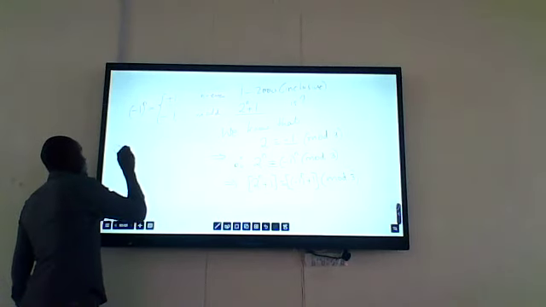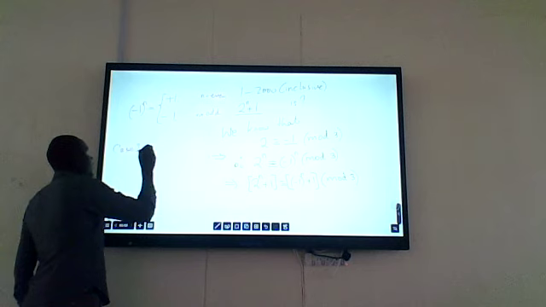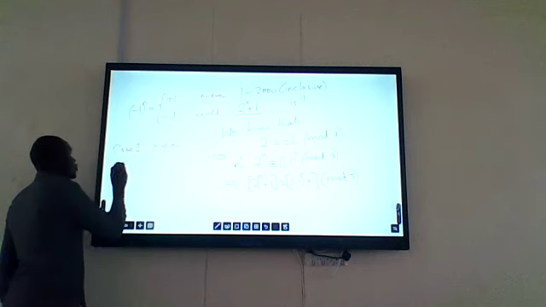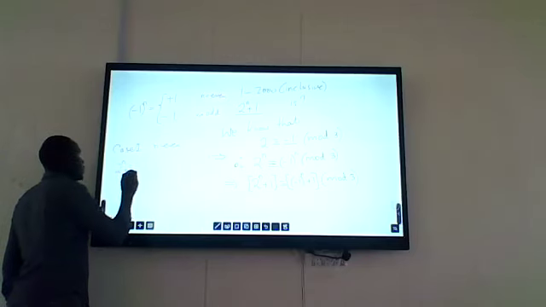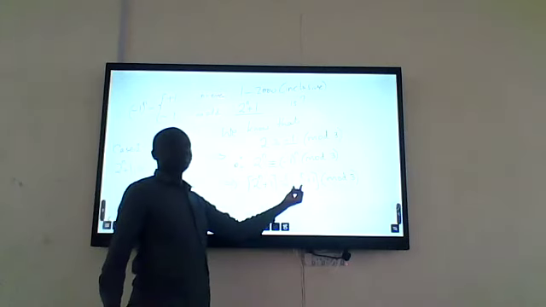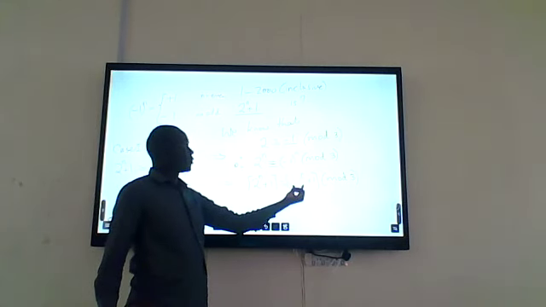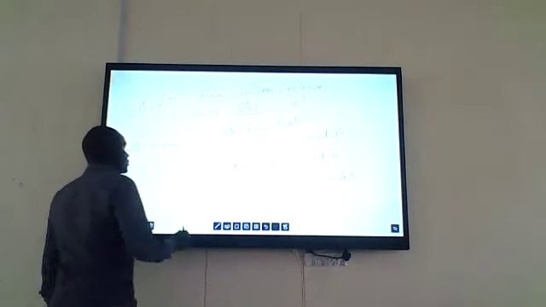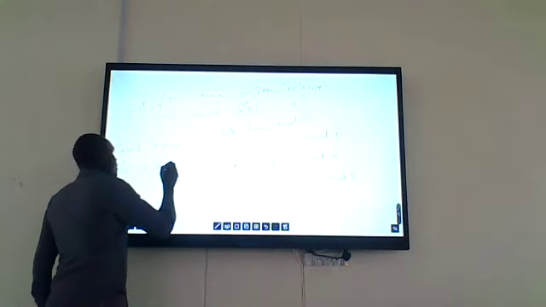So case 1, n even: 2 power n plus 1 will be congruent to, when n is even, this part will be positive 1. So 1 plus 1, 2. So 2 mod 3.